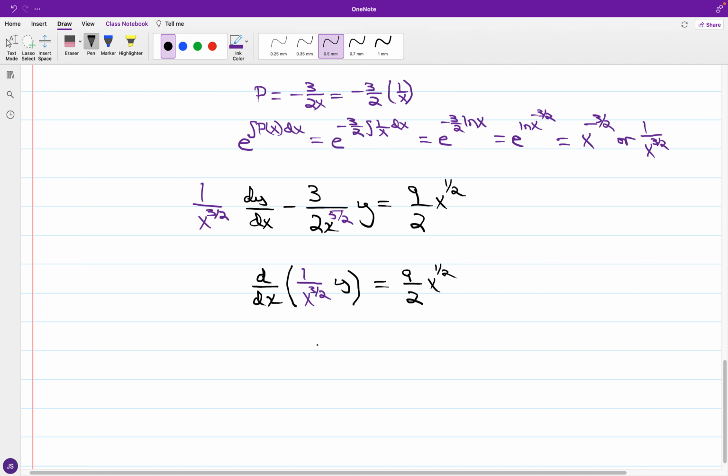And undoing the derivative, we have integrating with respect to x on both sides. Integrating on the left hand side just undoes the derivative, and we have is equal to 9 halves of the integral of x to the 1 half dx. And we have for the antiderivative, again this will be 2/3 of x to the 3 halves.